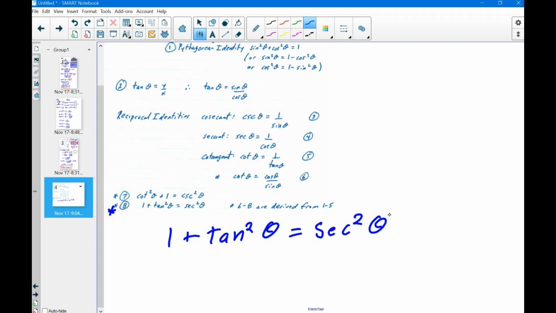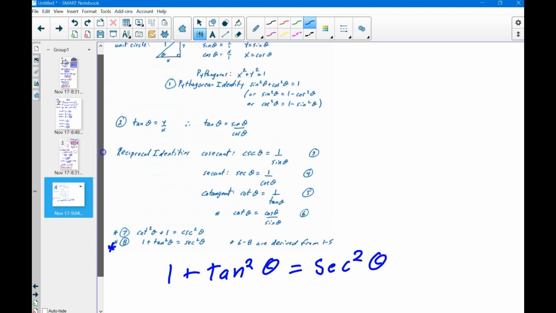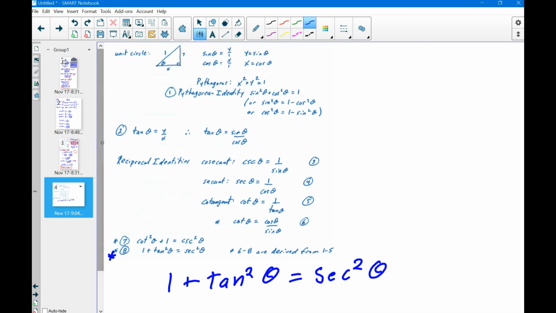Now, when you're doing these identities, it's really important that you don't forget some of these things right here. You really got to know this stuff, you memorize this stuff, or it's going to be complicated. You got to know this, you got to memorize this, and you got to know this one, and these.